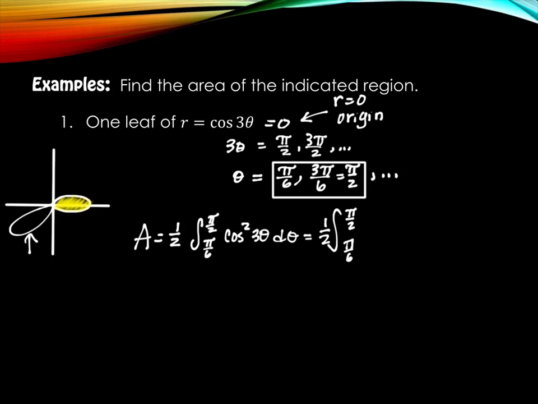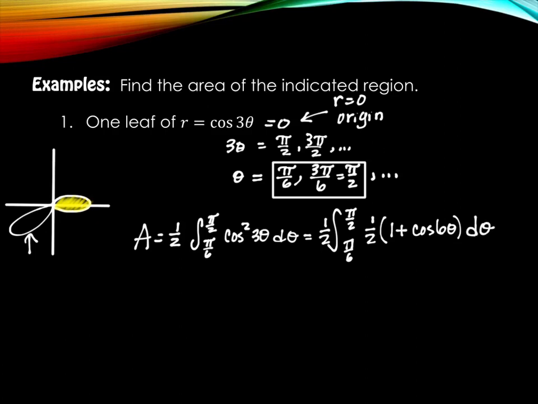But if you look in the table, the double angle formula says that the cosine squared of 3 theta is equal to 1/2 times 1 plus cosine of 6 theta. That's the substitution. In the table, it won't say 3 theta. It'll say the cosine squared of theta is equal to 1 plus cosine 2 theta over 2. So this is our version of it for our angle 3 theta.